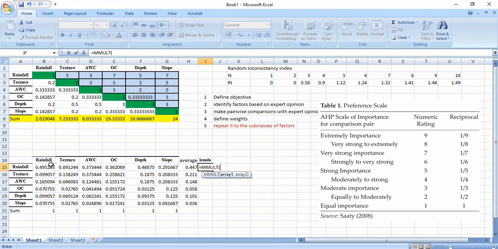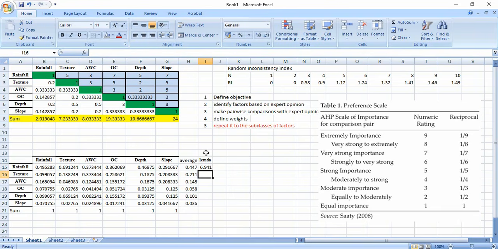Suppose we are calculating it for rainfall. You have to give this array, then comma, and then the average array, and then divide it by the average of rainfall. So this is your lambda for rainfall.